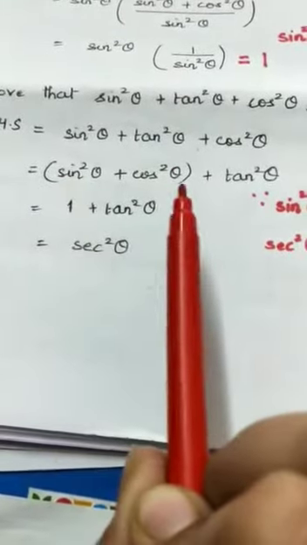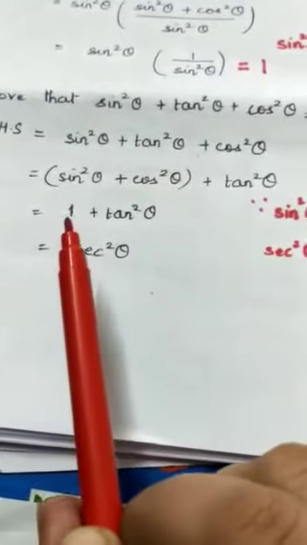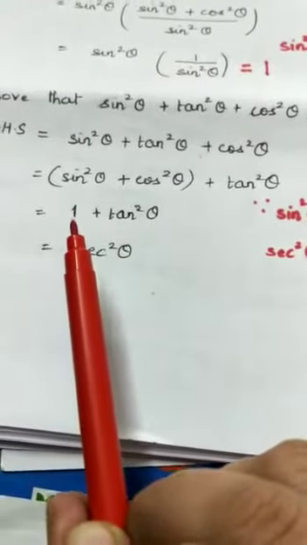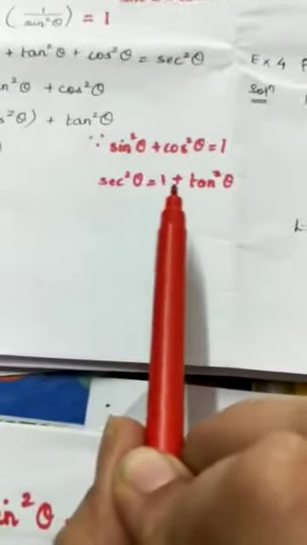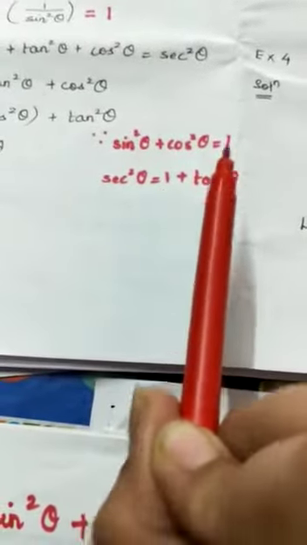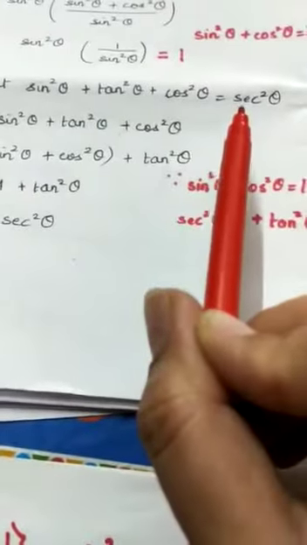The sin square theta and cos square theta addition gives the first identity, which is equal to 1. So when I remove the bracket, I get 1 plus tan square theta. Now with the second identity, 1 plus tan square theta can be replaced by sec square theta. So you got this term, and that is your right hand side.